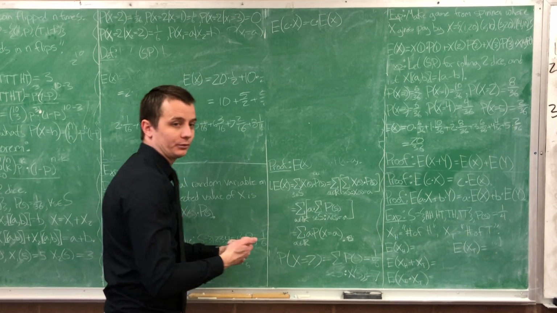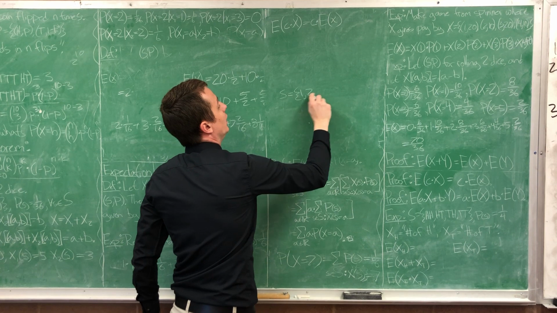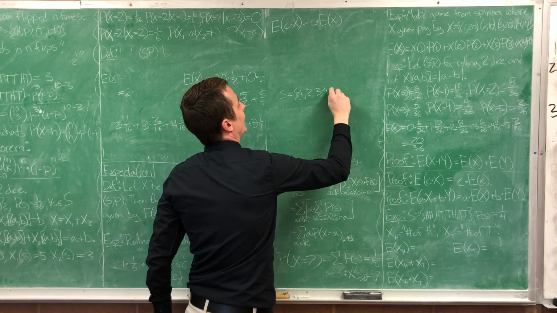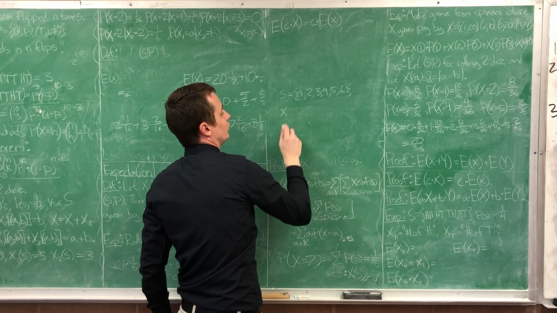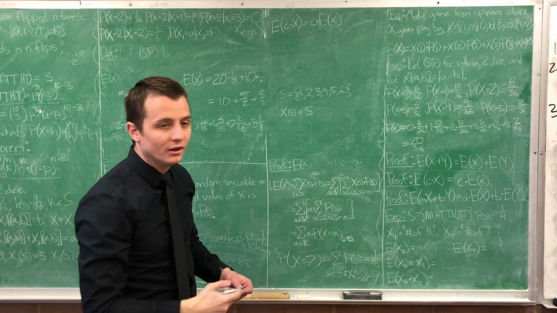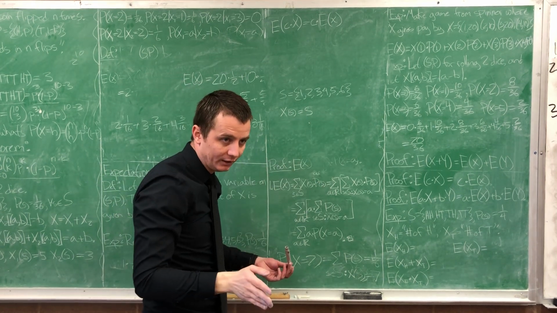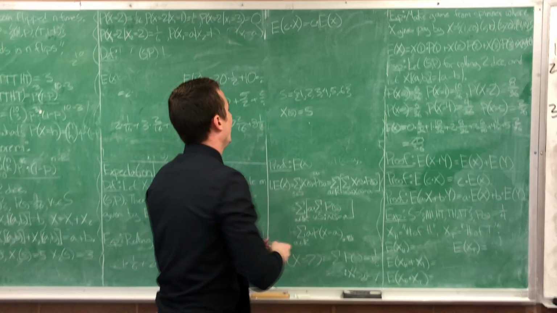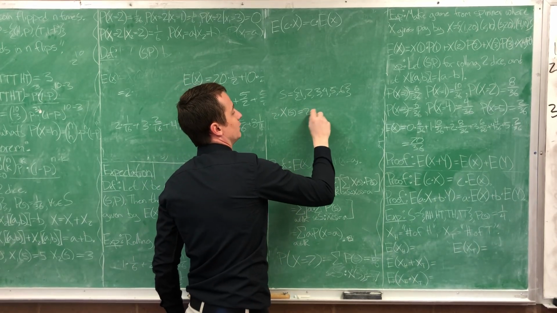Do we need to write out x explicitly? If s is equal to the numbers 1, 2, 3, 4, 5, 6, and x just spits out s, x of s is equal to s, then the expected value of x is just 3.5. We've already done that, right? Now what if we put a 2 times here? So then you get 2 times s.